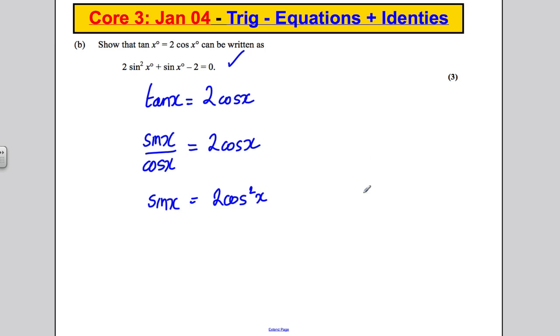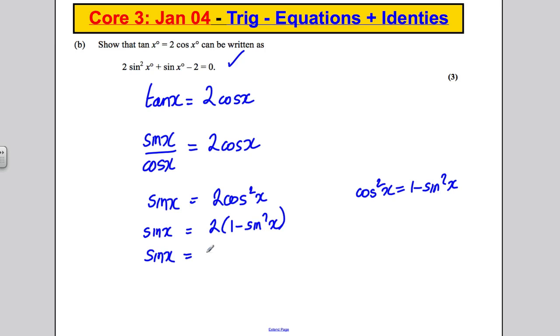Now we should know that cos squared x is 1 minus sine squared x. So we can substitute for cos squared x as follows. You can write sine x is 2 times 1 minus sine squared x. So sine x is 2, subtract 2 sine squared x. And then we can add 2 sine squared x to both sides and subtract 2, and we get what we're looking for. 2 sine squared x plus sine x, subtract 2 is 0, and I'm done for 3 marks.